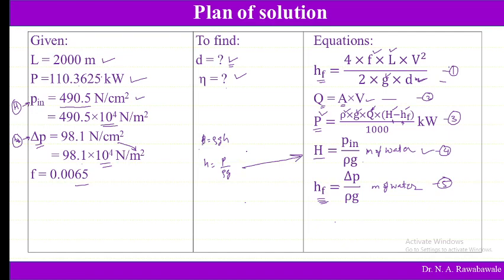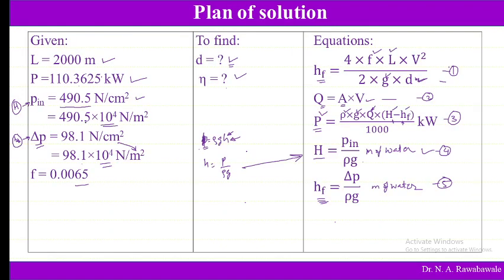Pressure is converted in terms of Newton per meter square when we know the head. So if we know the static head, then that can be converted into pressure in Newton per meter square using this equation, P is equal to rho g H. So H is equal to P divided by rho g. This same formula we are going to use here.